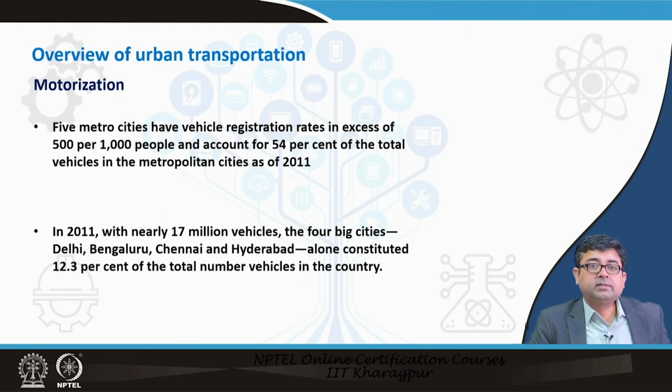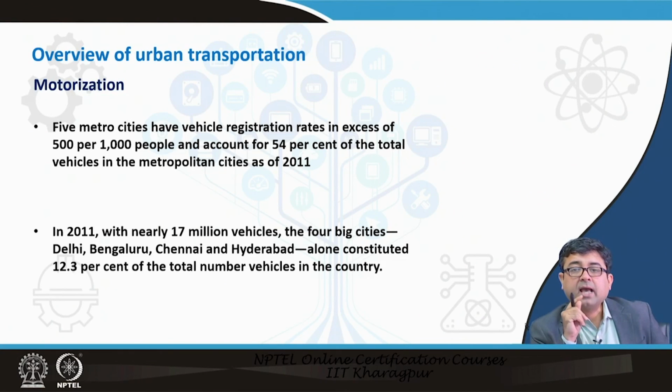The 5 metro cities are the ones with higher motorization rates, and now one household has more than one motorized vehicle. It is very common in urban metropolitan areas that a household has either two two-wheelers, or one two-wheeler and one four-wheeler.